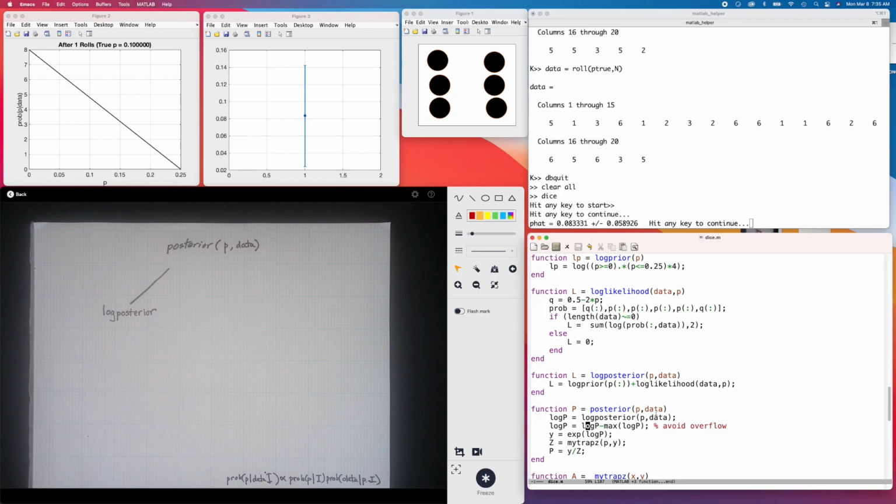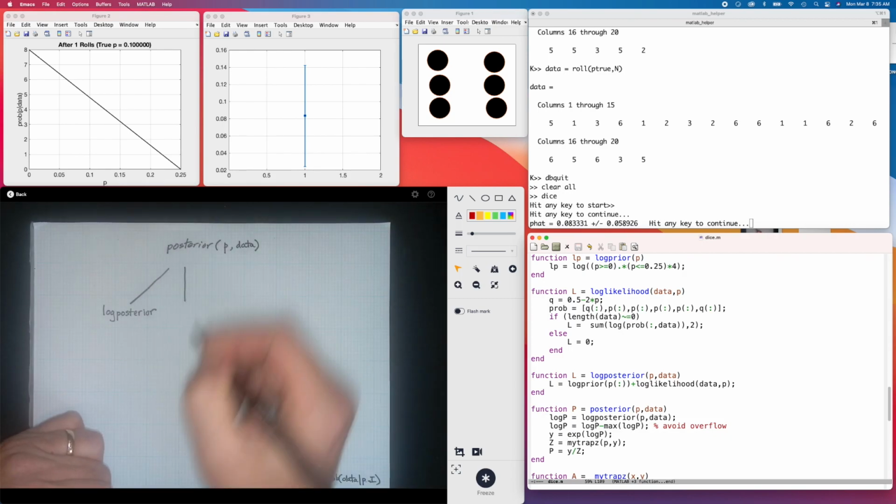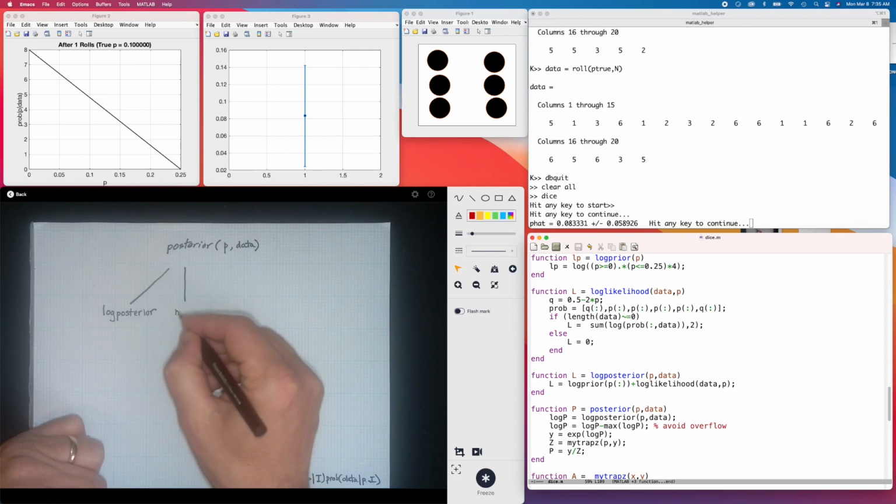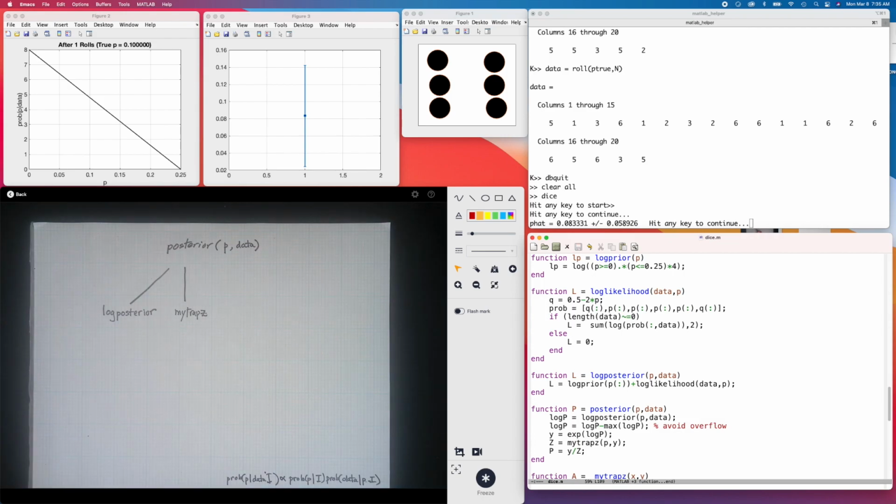After rescaling and re-exponentiating, I do the integral of y with respect to p using this routine called myTrapZ, which implements the trapezoid rule. It does almost the same thing as MATLAB's built-in trapz function. I just wanted to have one written in here so that you can see how it works.